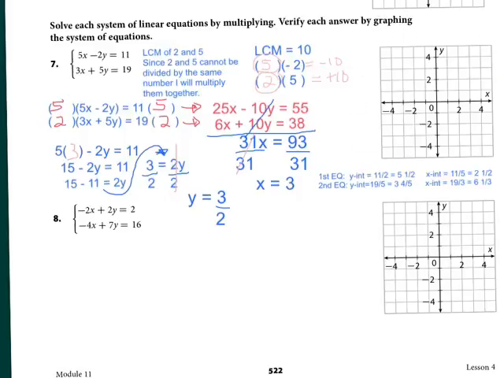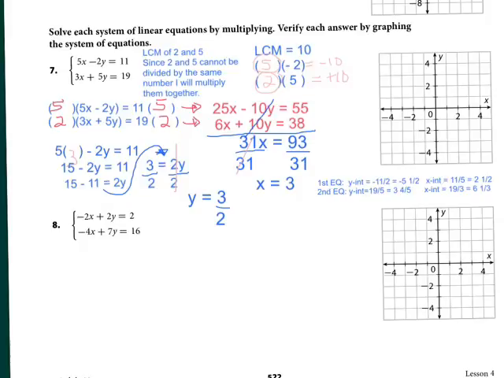Okay, for the first equation, our y-intercept is going to be 11 divided by -2. So you can see that I wrote it here. -11 divided by 2. And 2 divides into 11 5 times, because 2 times 5 is 10. So that'll be 5 with the negative.